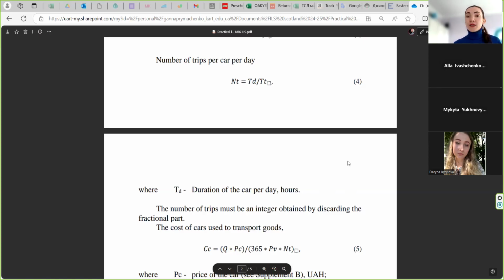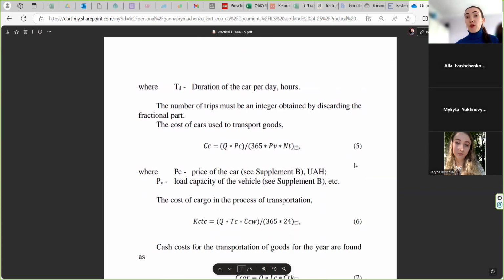So the next formula is formula number 5, and now we need how many trips we can do in one day. Okay, write formula number 5 and parameter C with index C. What does it mean? It is the cost of car usage to transport goods.